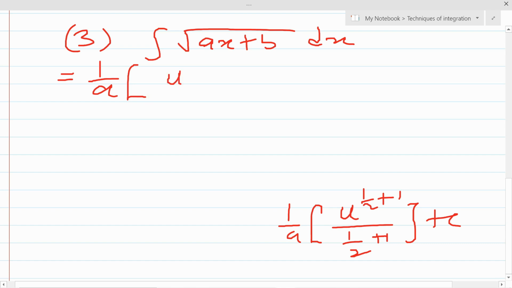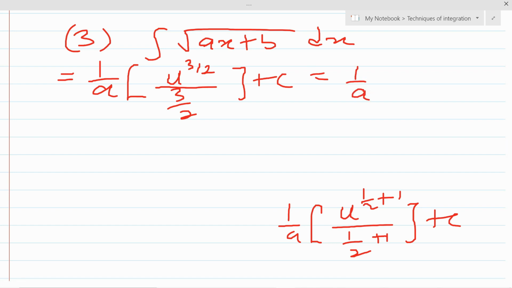Okay, so u to the 3 over 2 over 3 over 2, plus c, and this is the same as 1 over a times 2 over 3, then u to the power 3 on 2.